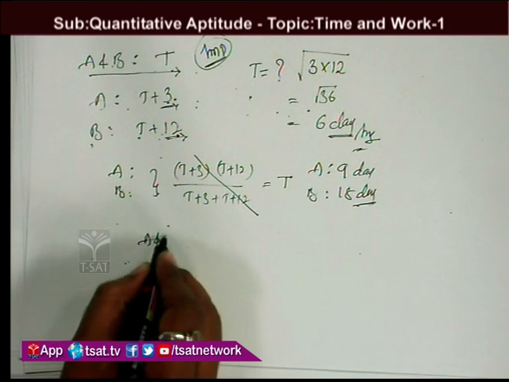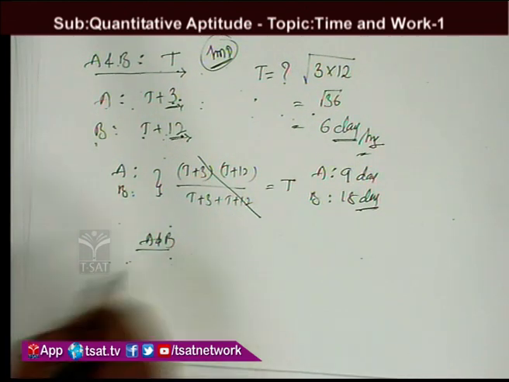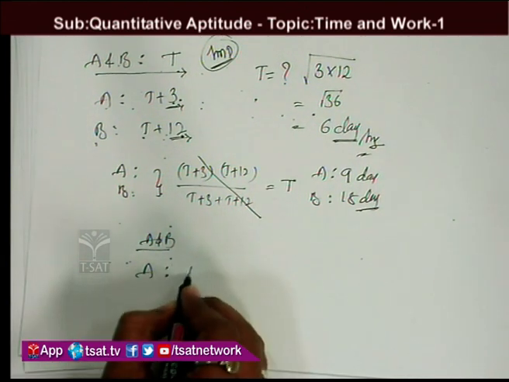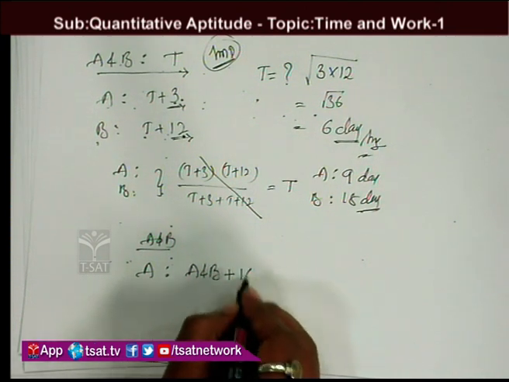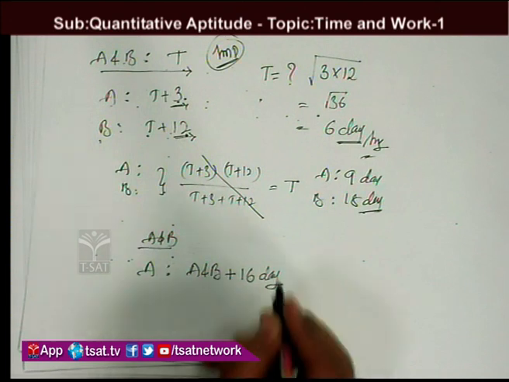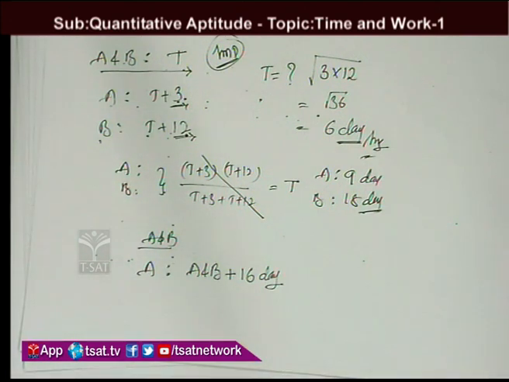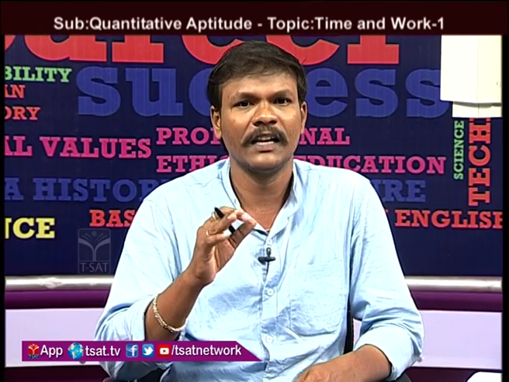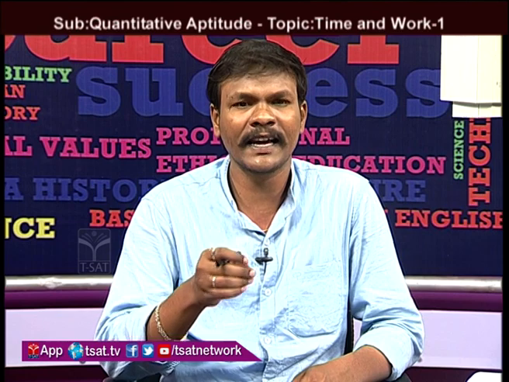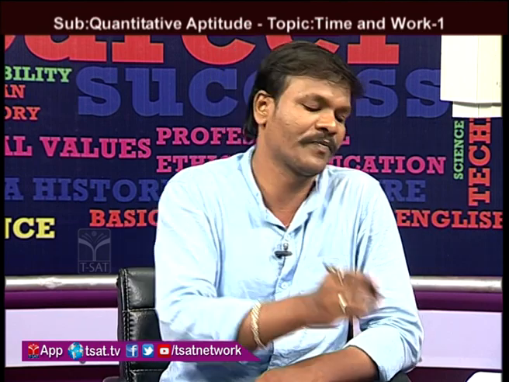When A and B together complete the job, A takes 16 more days. For example, if A and B take 10 days, A takes 10 plus 16 days. If A and B take 12 days, A takes 12 plus 16 days. If A and B take x days, A takes x plus 16 days.